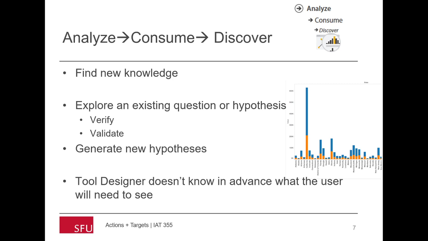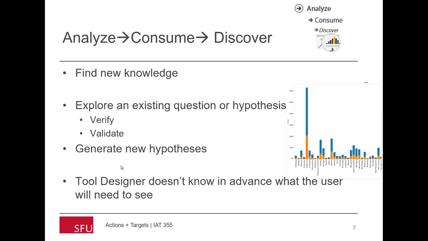It's one of the primary things that visual analytics researchers focus on, and that is you have a collection of data, and what you would like to do is to find out what is going on in that data and explore an existing question or come up with new questions or hypotheses. And to verify those hypotheses, to validate those hypotheses, and perhaps through examining the data, generate new hypotheses.